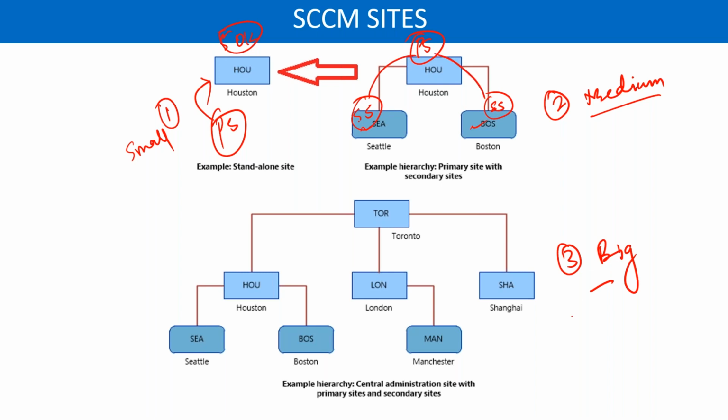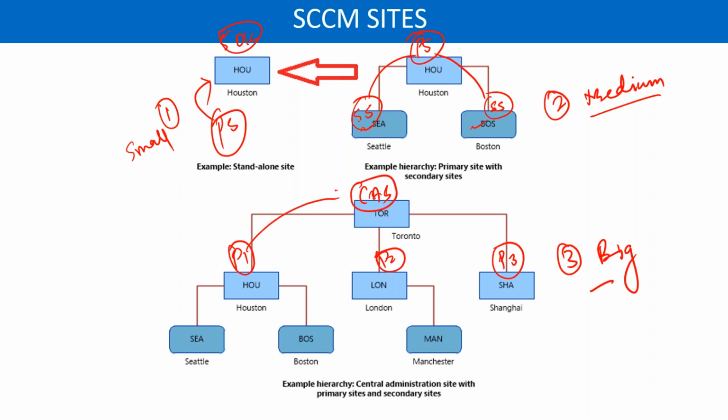Now the third example architecture is for a big size company. Suppose you have a big organization, for example Accenture or Deloitte or IBM, wherein you have more than 100,000 devices. So you need a central administration site on the top of the hierarchy, and the primary sites, let's say primary site 1, primary site 2, and primary site 3.